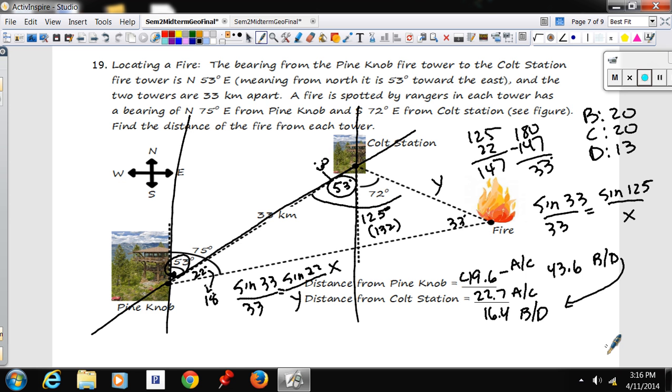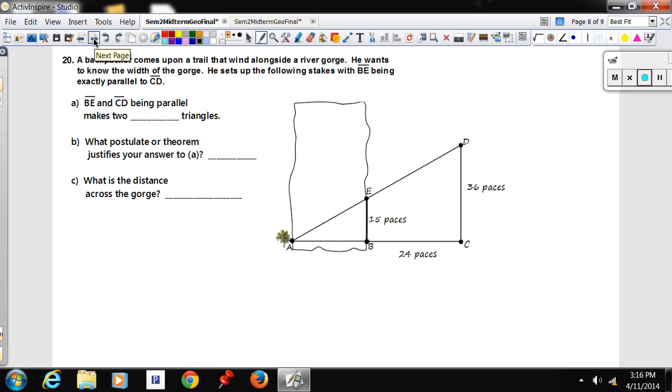Okay, moving to 20. Number 20 was number 13 on test B. And on test C it was number 7. Test D was number 3. And I already drew the picture for you. B and E being parallel to C and D makes two similar triangles.